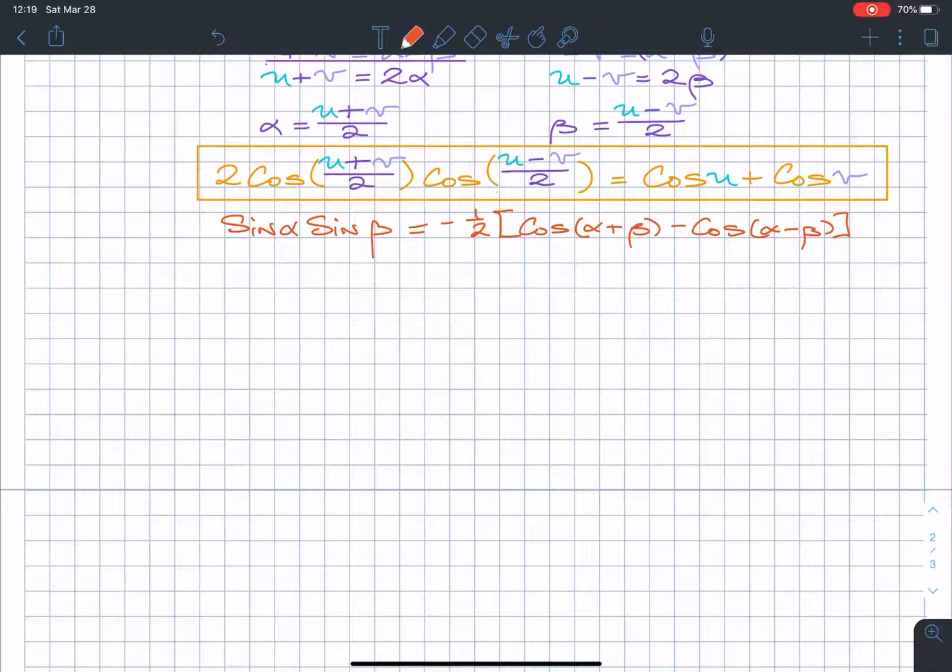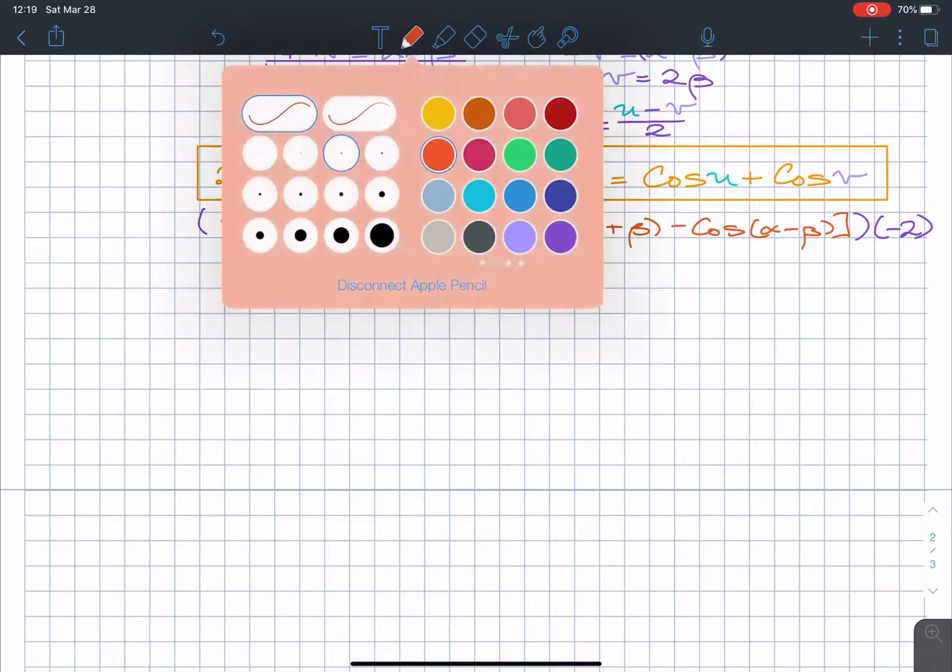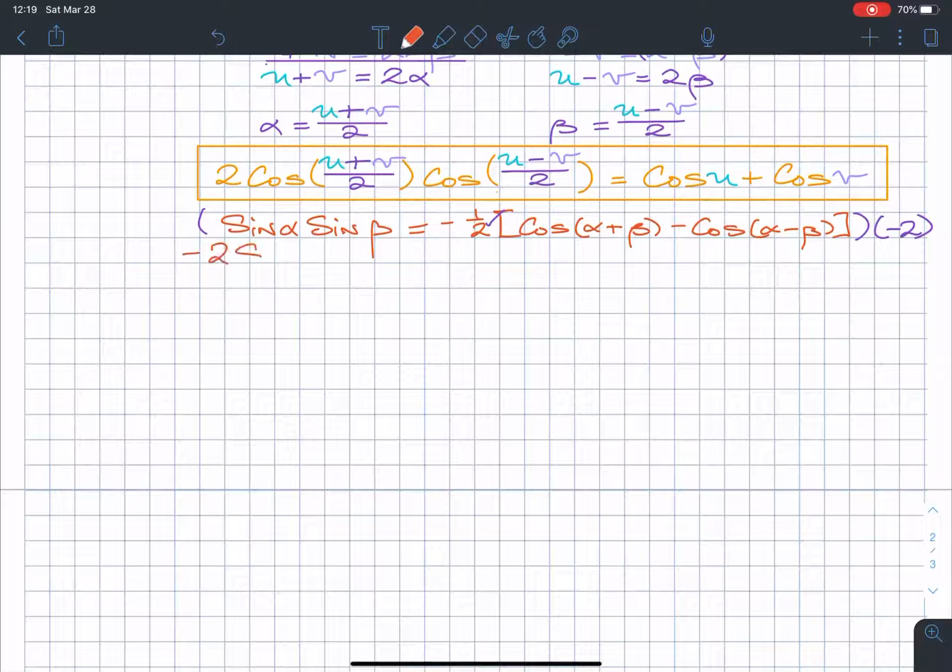So in this case, I'm going to multiply through by negative 2. So what I end up with is negative 2 sine alpha sine beta is just going to be what's inside the bracketed remark, namely cosine alpha plus beta minus cosine alpha minus beta.